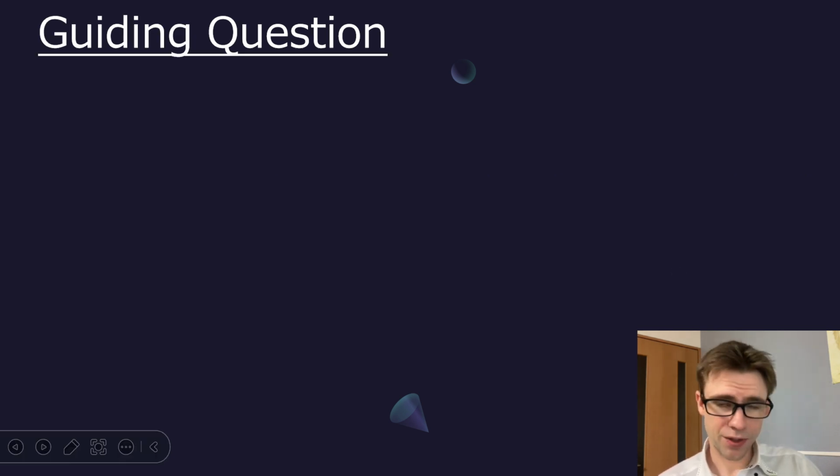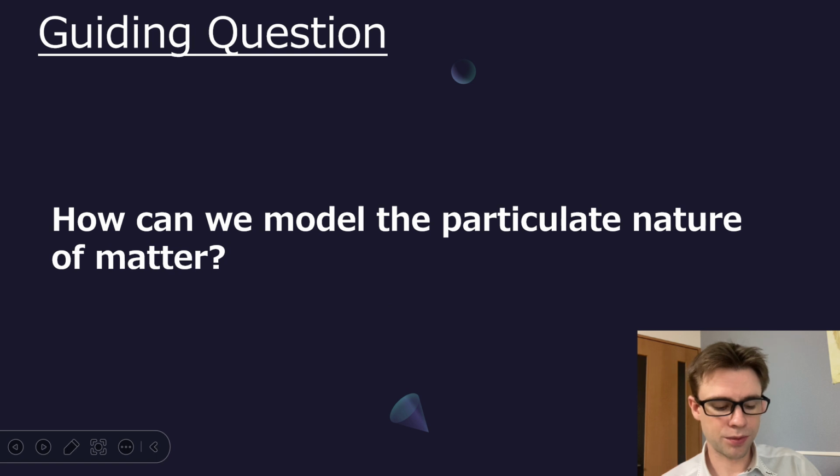All right, so that brings us to the end of this section. Remember our guiding question that I introduced in the previous video. How can we model the particulate nature of matter without being able to easily directly observe all these things? Well, we model atoms as little particles, right?